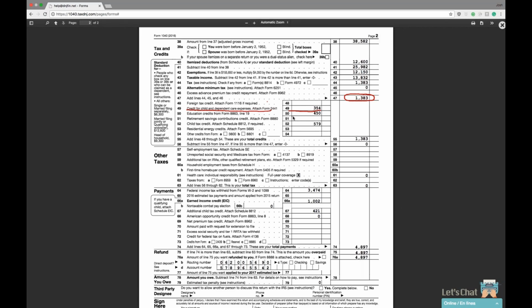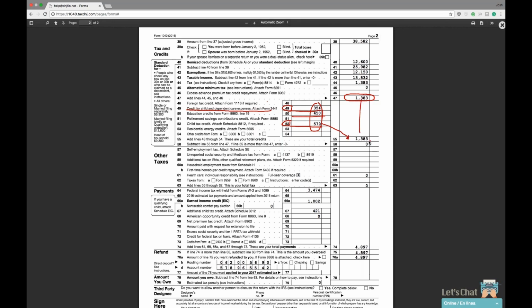You also have an education credit of $450. You also have a dependent care credit, and this is your child tax credit right here, right? So when you add those three up, they add up to $1,383.